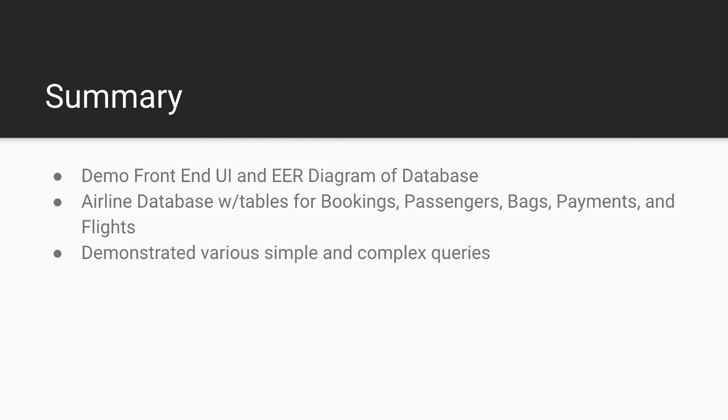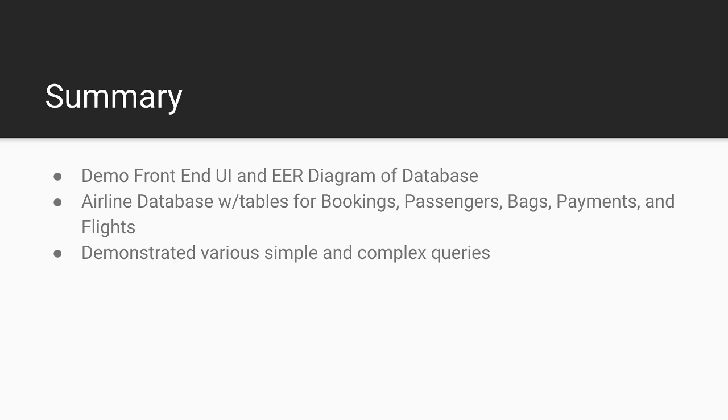So to summarize, we have made an airline database for various different airlines to be able to keep track of passengers and bookings. We demonstrated a demo front-end UI of how our database could be presented, and the ER diagram of the relationships between our database tables.